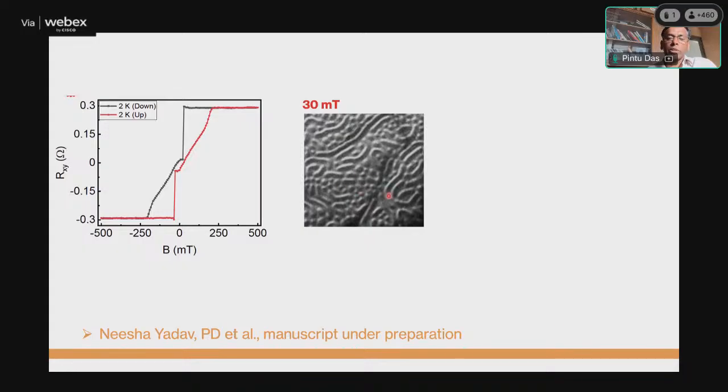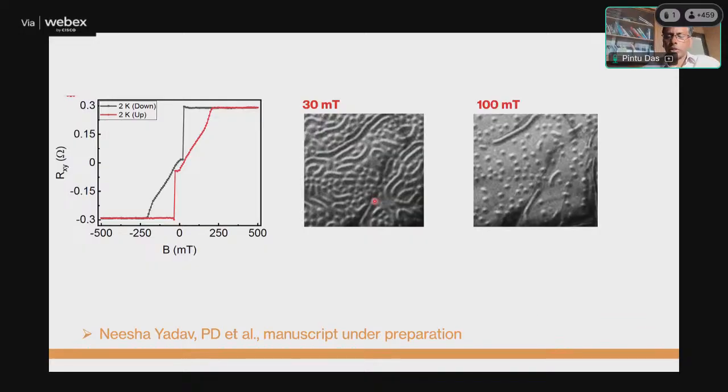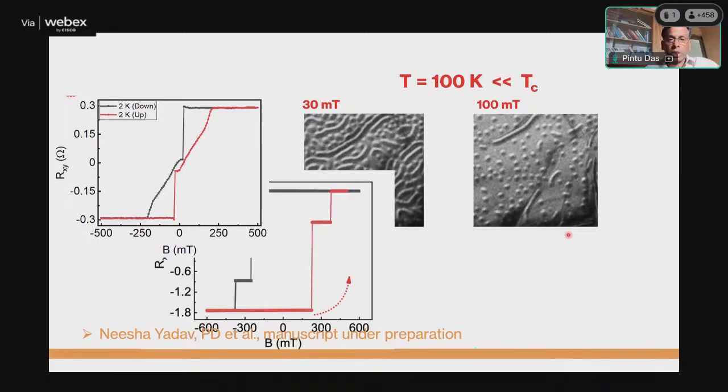We have just measured that with Lorentz transmission microscopy with Argonne National Lab. These are the magnetic skyrmions in the two-dimensional van der Waals materials that we are fabricating.